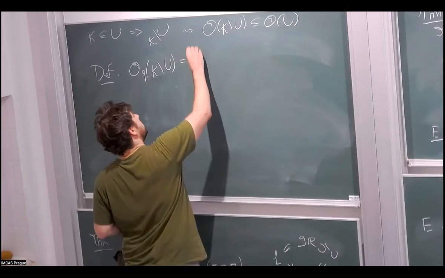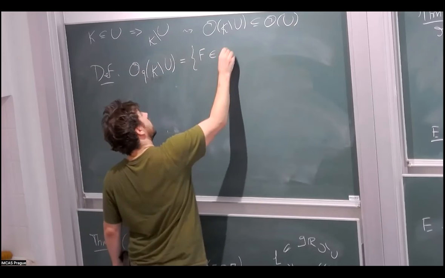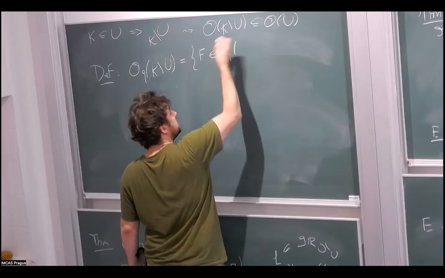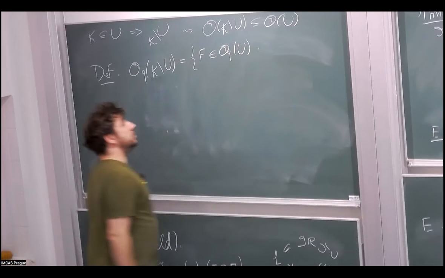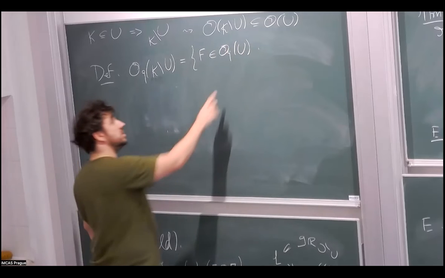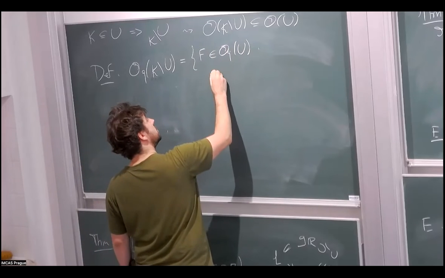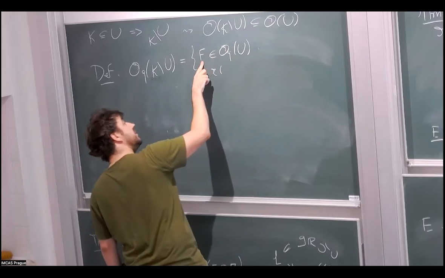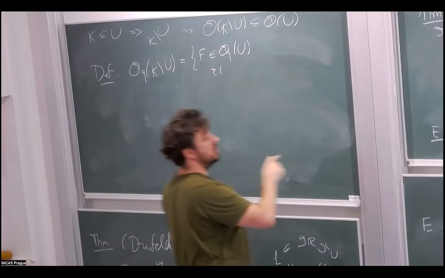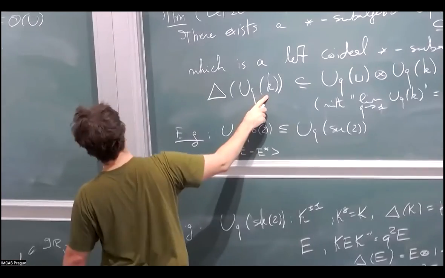And so that I can actually easily write down in quantum language, so using Hopf algebras. I just look at all F in the quantized function algebra of U, such that if I infinitesimally translate F by an element of my subalgebra, it doesn't do anything.